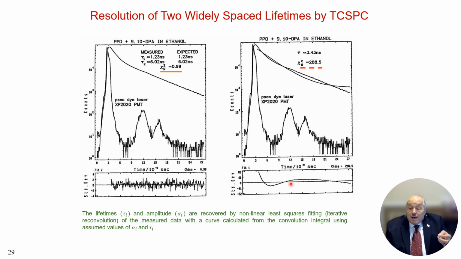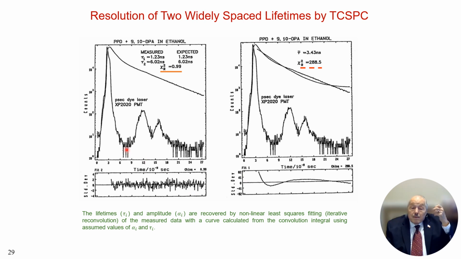That shows up by the deviations on the bottom. Since the deviations are not random, you know it's not a good fit. And the chi-squared is a couple hundred, and obviously you reject that fit.